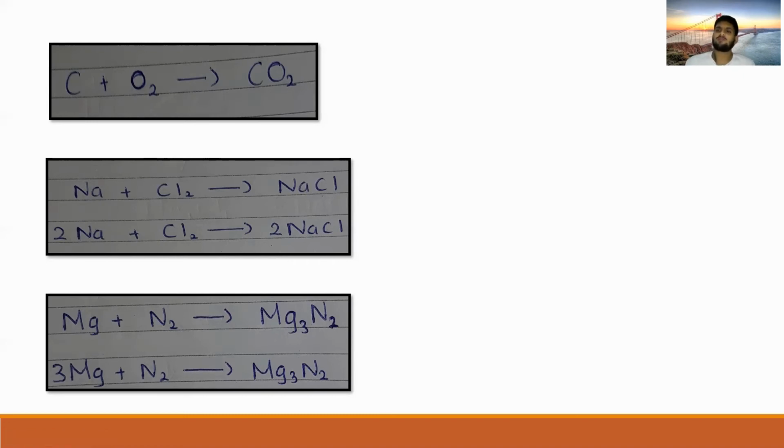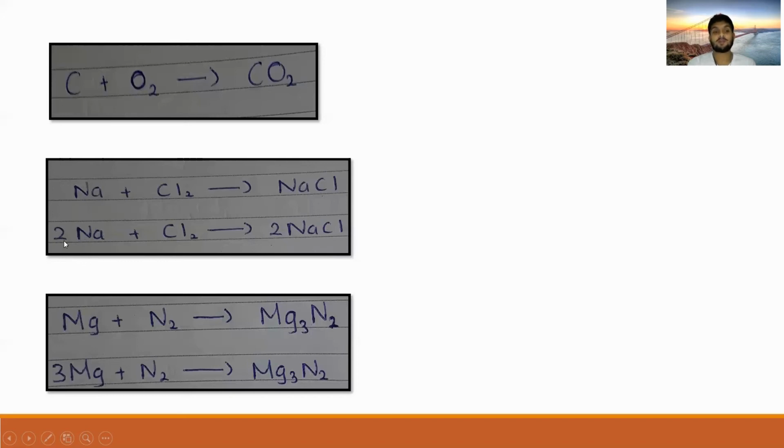So how do we balance the chlorine? Here there are two, here there is one. The simple thing you can do is add a 2 in front of NaCl. When you add a 2 in front of NaCl, not only the chlorine gets multiplied, but also the sodium gets multiplied. So now sodium has also been multiplied by 2. Then what should you do? You should change the composition on the other side too.